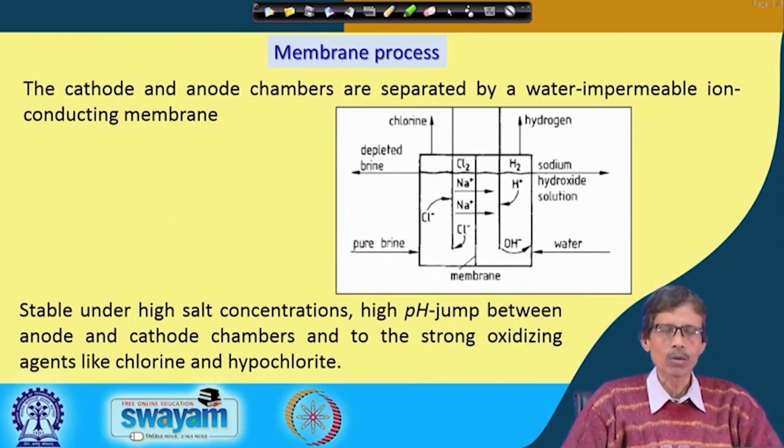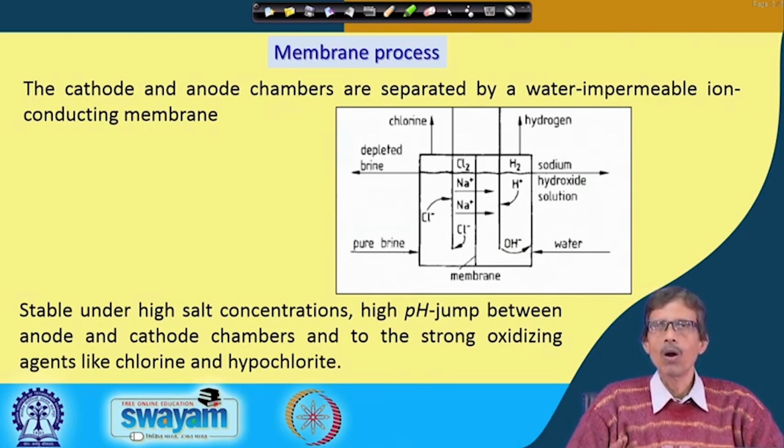Here you see not only the high salt concentration of sodium chloride, but also a pH jump from one chamber to the other. Your membrane should withstand these two, and it should not be oxidized by the chlorine being produced, or the hypochlorite, which we all know is a bleaching agent, and the bleaching function originates only from its high reactivity.